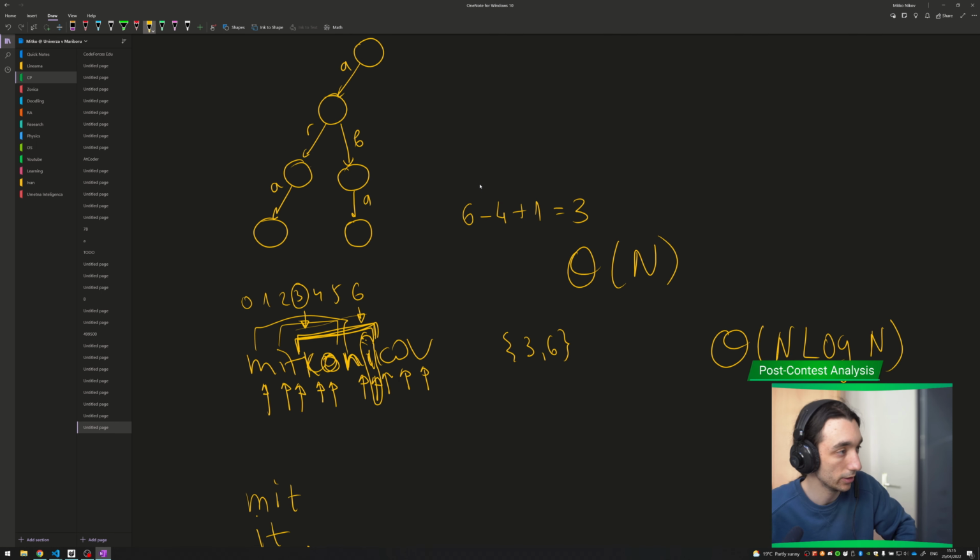The Aho-Corasick trie is very fast. The complexity is N plus the size of the whole dictionary, so like 2 million or something operations, but it's fast enough.